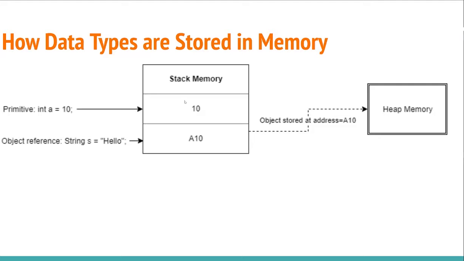On the other hand, when we define a new instance of string, such as this declaration, String s equals "hello", the address of the heap memory where the string "hello" is stored is kept in the stack memory. That means that accessing the primitive data type is much faster because it's a direct access, versus the object reference, which gets the actual value from the heap memory.